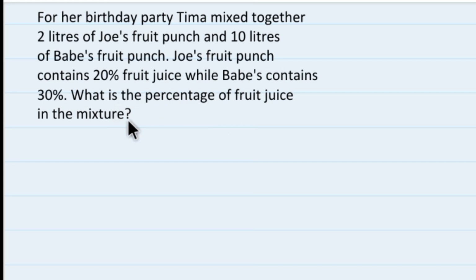So here, for finding the percentage, we find the percentage by the amount we are looking for over the total amount, and then multiply it by 100 to get the percentage.